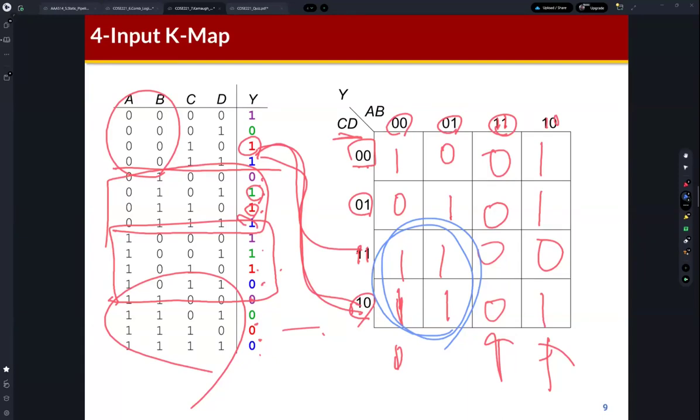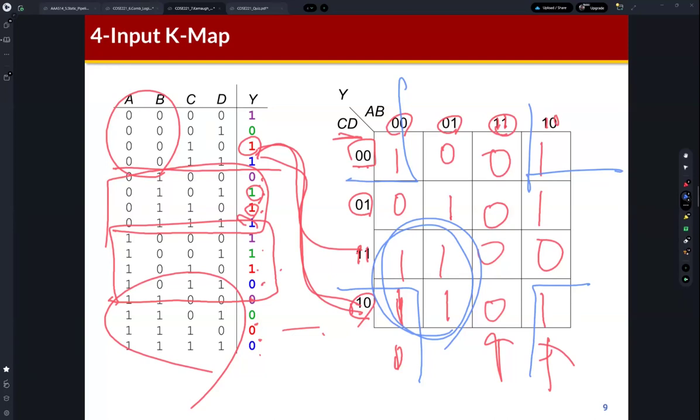And then what is another largest circle? Another largest circle is this one, this one, this one, this one.